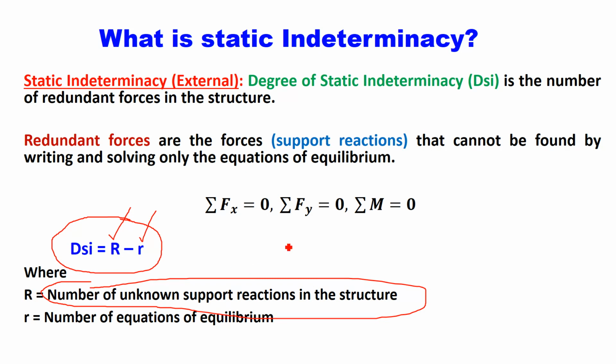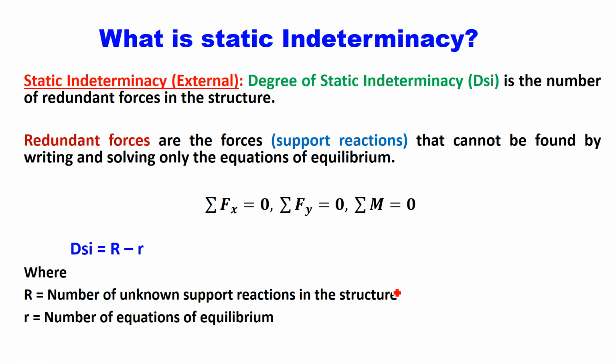Depending on the supports, you can count the total number of support reactions in the structure. Small r is the number of equations of equilibrium, which is equal to 3: summation of Fx 0, summation of Fy 0 and summation of moment 0.